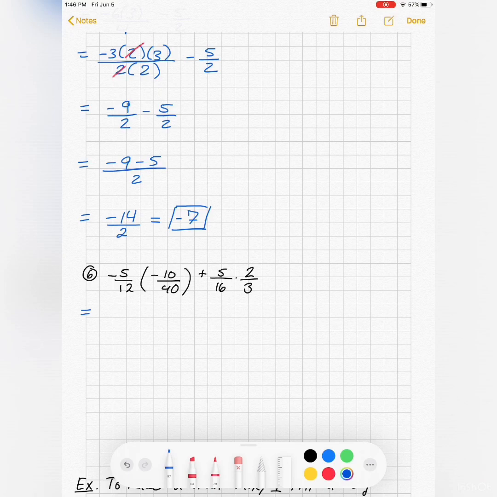Okay. Multiplying and multiplying. So remember, I have to do multiplications before additions.